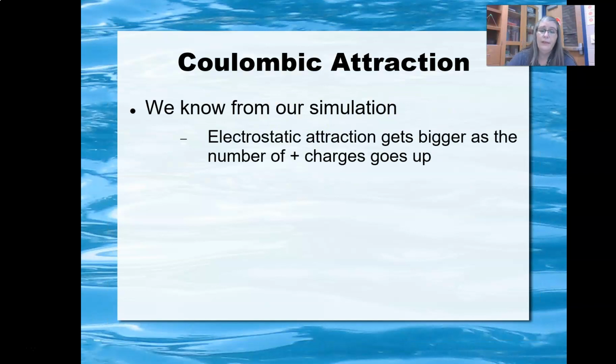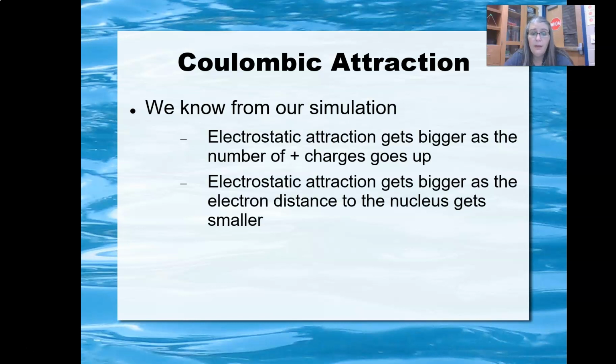So what we know is that the charge got bigger as the number of charges went up. As we increased the amount of charge, the attraction between the nucleus and the electrons is going to get larger and larger and larger. We also know that the electrostatic attraction gets much, much bigger as the electron distance to the nucleus got smaller.